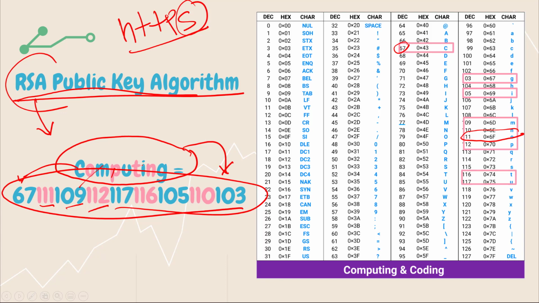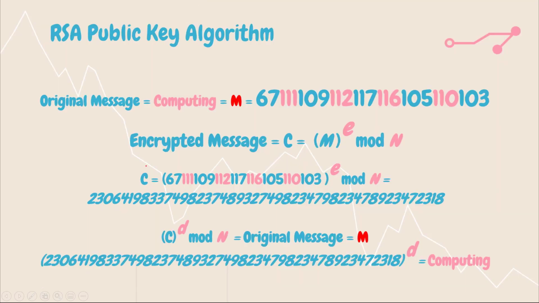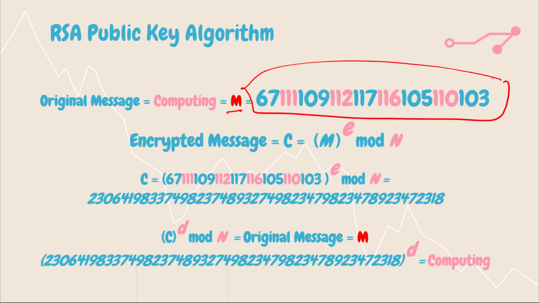Now let's say you want to send this number. How does RSA public key work? You have this message, which is this big number, if you remember from the previous screen, it's "computing". I'm going to take this number and raise it to the power E, or multiply this number E times. And then I'm going to perform a modulus N operation, where N is a number.